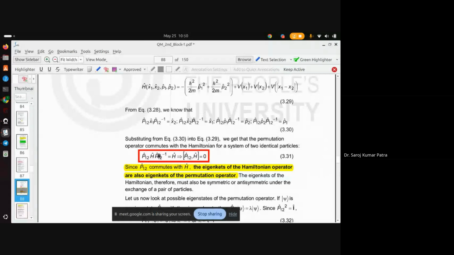If it is the Hamiltonian, then P12 H P12 inverse is equal to H, the same energy. So this is the most important one: the eigenstates of the Hamiltonian operator are also eigenstates of the permutation operator. That means if we flip the position, the states that come out will still be energy eigenstates. Okay.